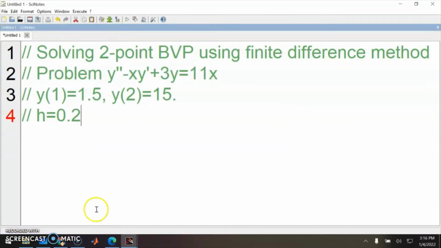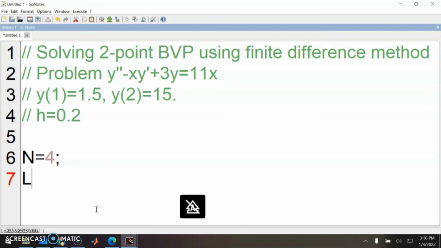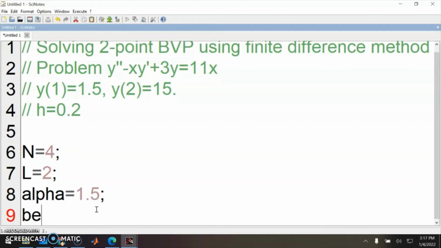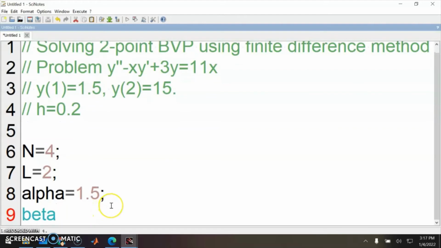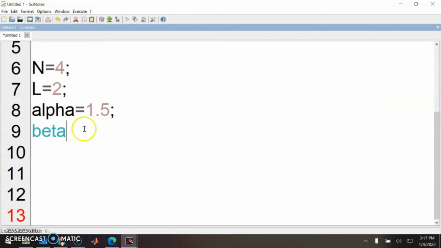I need to specify my N is 4, my L is 2, alpha equals 1.5, beta equals 15, and the step length h equals 0.2.